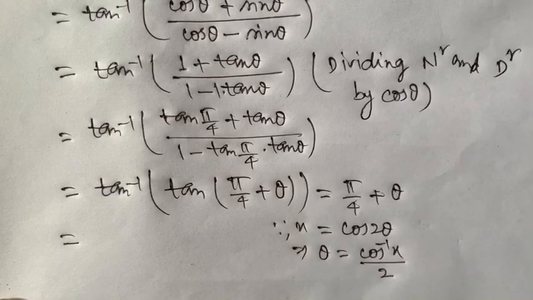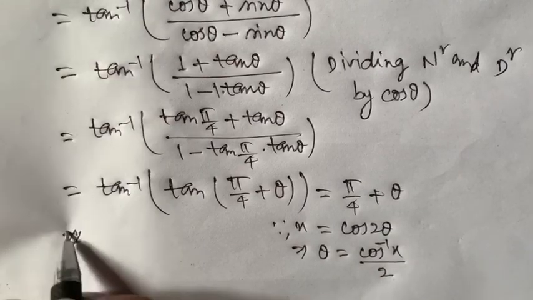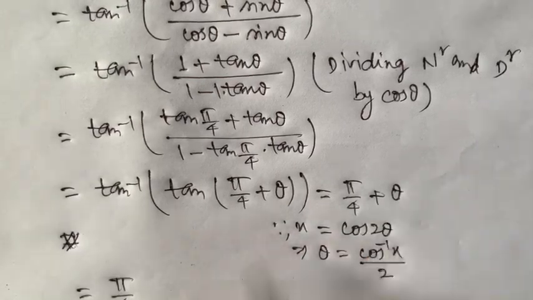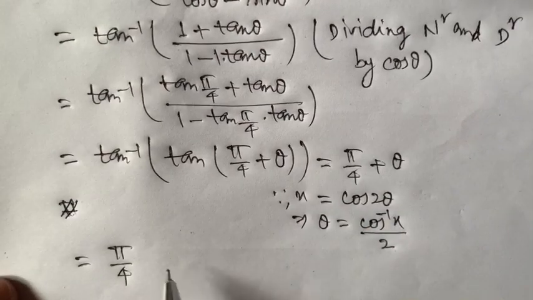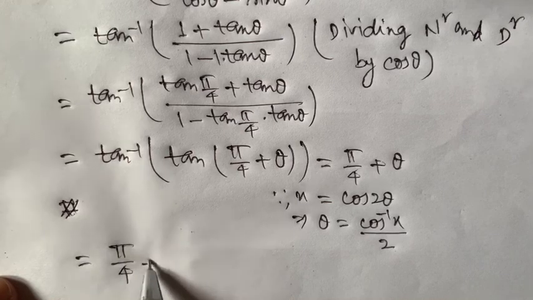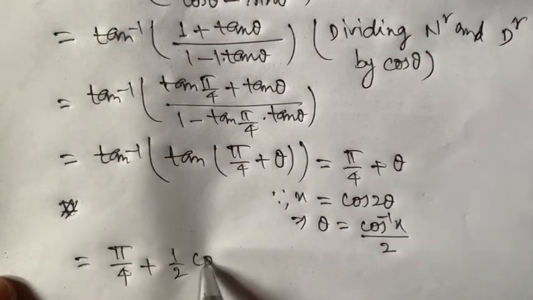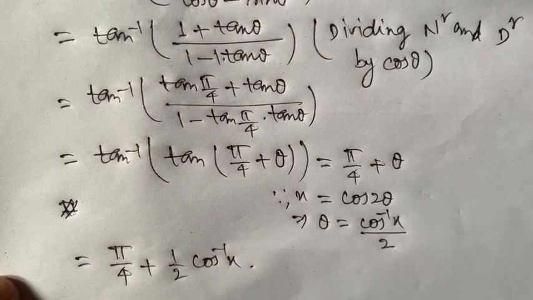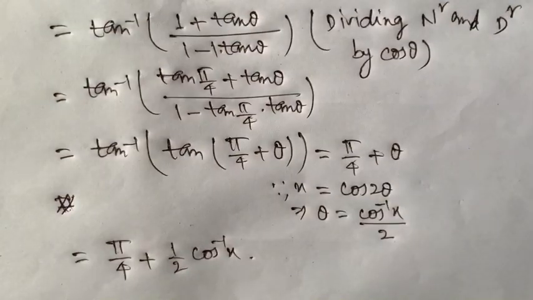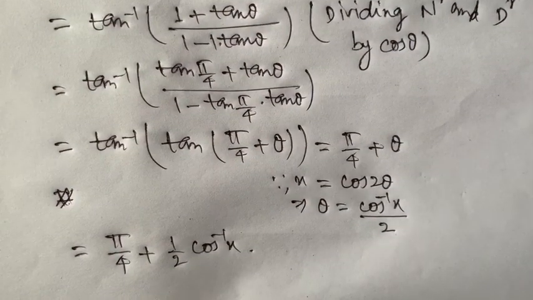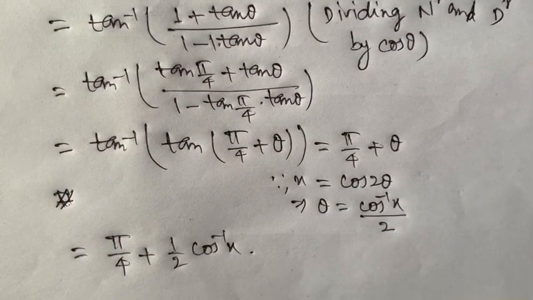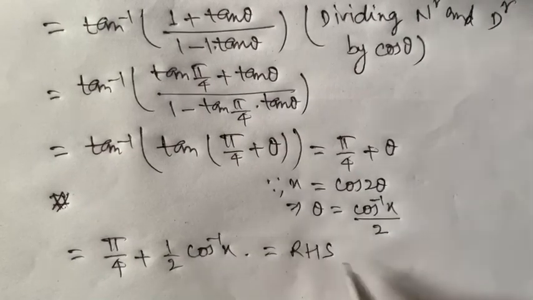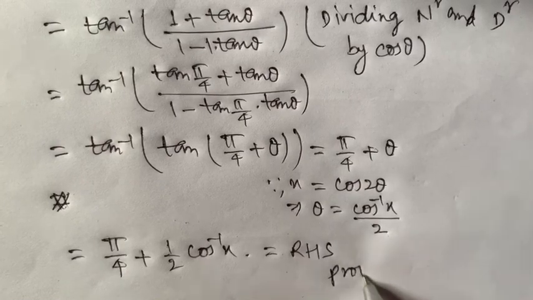So in place of theta we will write here pi by 4 plus theta, and in place of theta we will have 1 by 2 cos inverse of x. And this proves what we had to prove. We had to prove pi by 4 plus half cos inverse of x, and it is the right hand side, so RHS is proved.